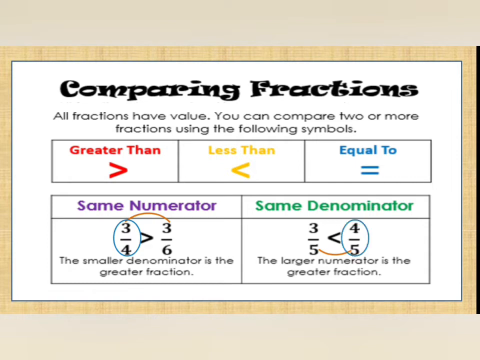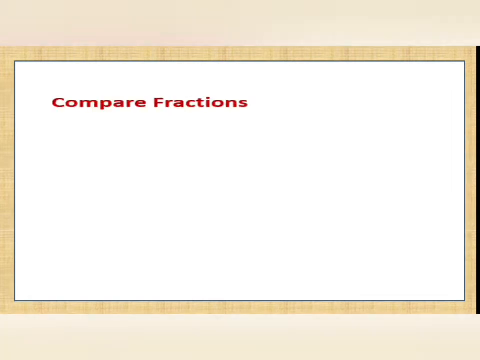So 4 by 5 is the greatest fraction. And the last rule, if both the numerators and the denominators are different, then we can use the cross multiplication method to compare fractions. I will tell you with an example, 4 by 7 and 3 by 5.